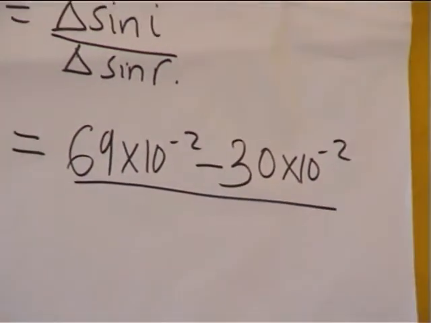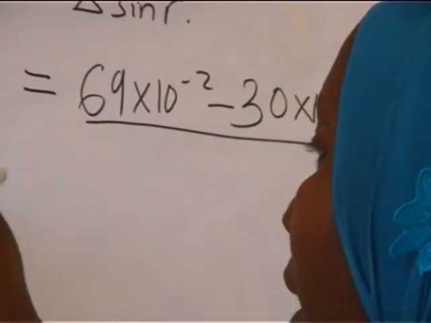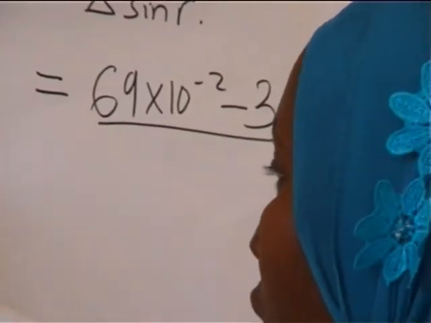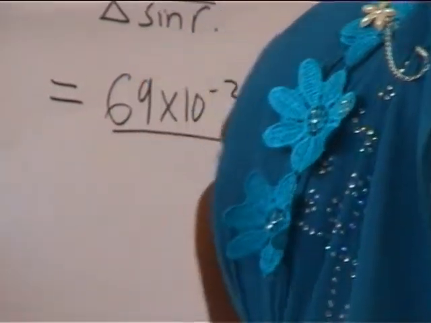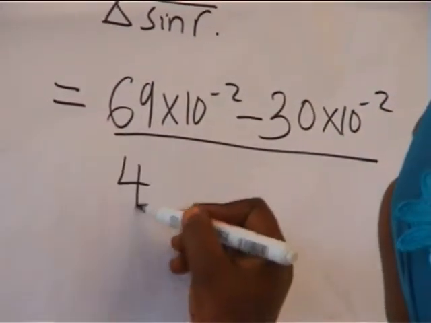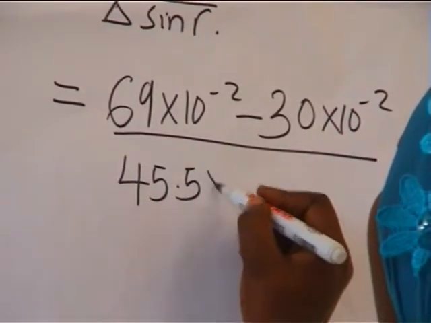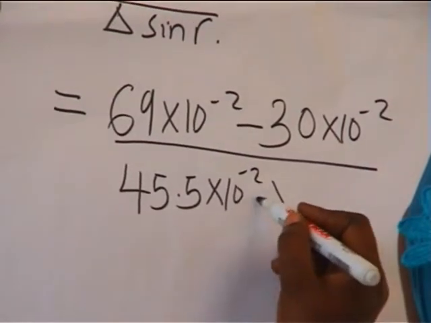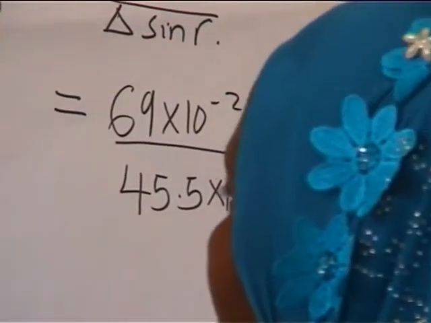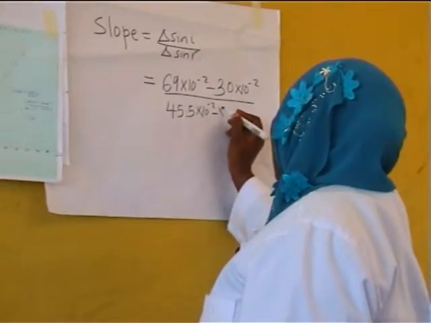Divide by change in sine r, which is equal to 45.5 times 10 power negative 2 minus 20 times 10 power negative 2.